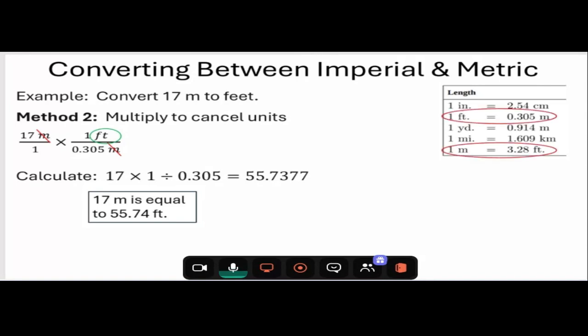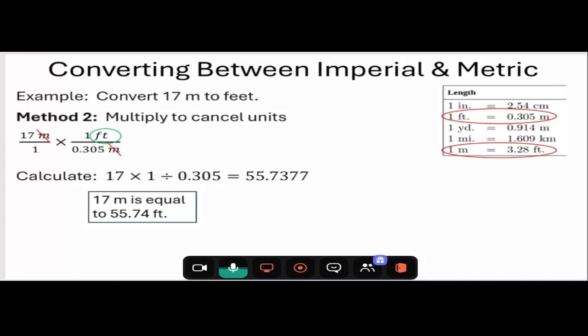Okay. Now you might have noticed that they not only said 1 foot is 0.305, but they gave you another option. They said 1 meter is 3.28 feet. If you had used this one, you would have got the same answer. You would have put 3.28 on the top and 1 on the bottom, and you would have found that you get the same result as we got before.